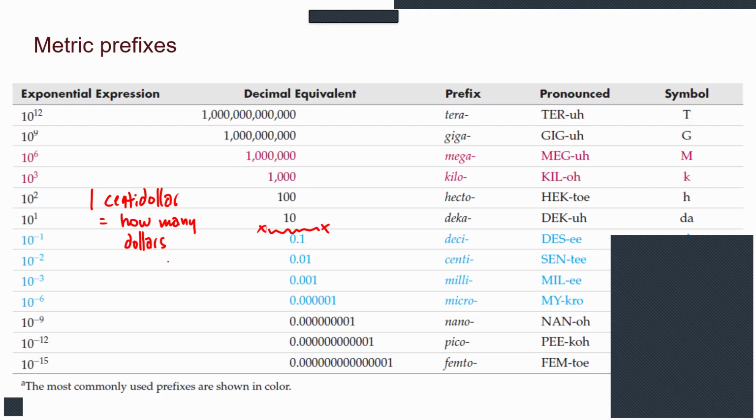You have 1 penny." If they said, "Well, I have point something of a dollar," what would they say that they have? Add it to the chat. How many dollars do you have if you have 1 centidollar? .01. Perfect. Because I have 1% of a dollar.